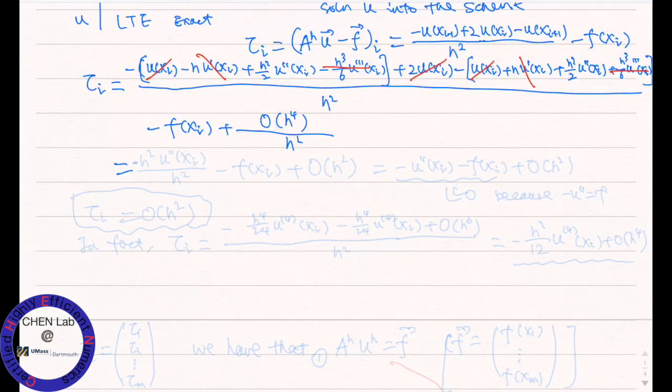All right, so what you have is h squared over 2 plus another h squared over 2. You get 1 h squared times u double prime at xi. This divided by h squared, minus f(xi), plus the order h to the fourth divided by h squared. You get order h squared.